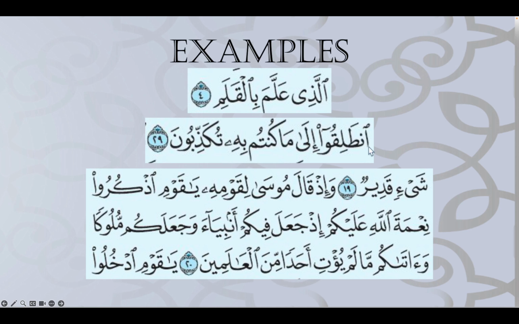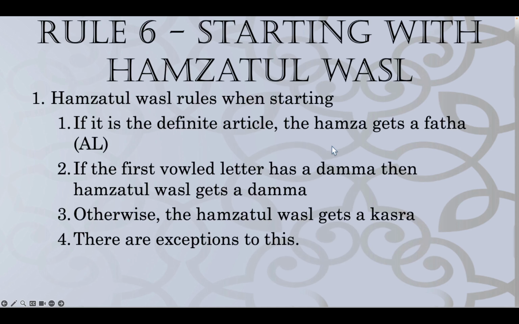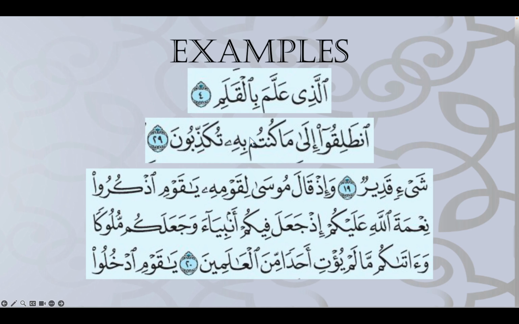Now, this is an example of the third rule, which is otherwise the Hamzat al-Wasl gets a kasra. What we're going to do is take a look at the second rule. If the first vowel letter has a dhamma, then the Hamzat al-Wasl gets a dhamma. So let's take a look at what the first vowel letter is. I don't know what this Hamzat al-Wasl is supposed to get, right?